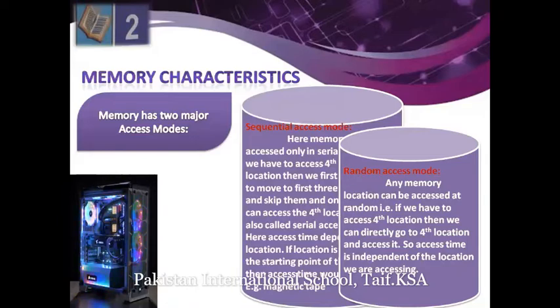Whether it is the 4th, 8th, or 16th memory location, you can access it directly. You don't need to go in series. So this method is faster than the sequential access method.